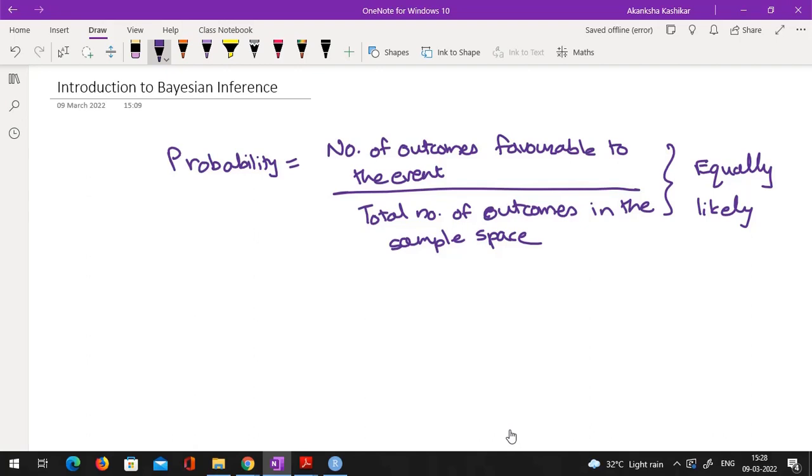What about other definitions, especially when we don't have equally likely outcomes? I give you a coin and I tell you I don't know whether the coin is biased or unbiased. How are you going to decide the probability of head?